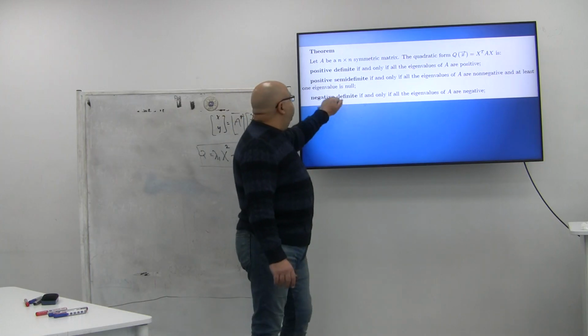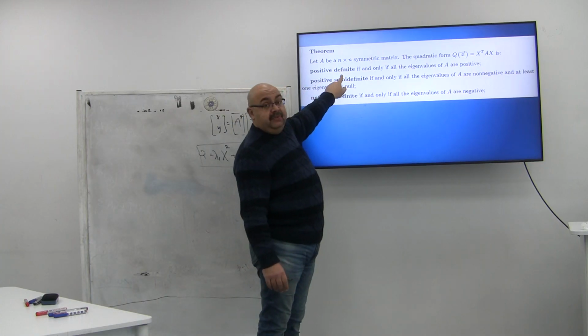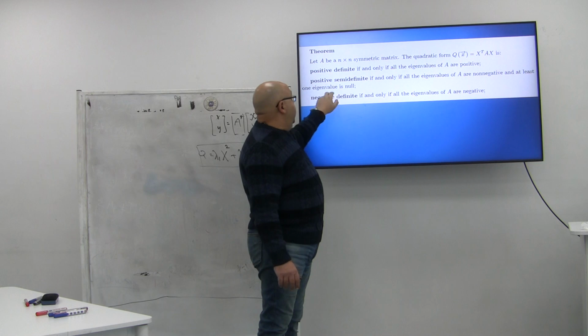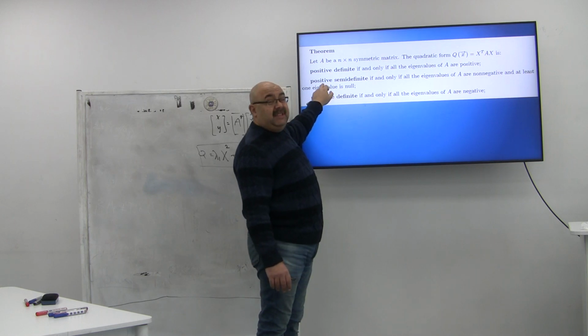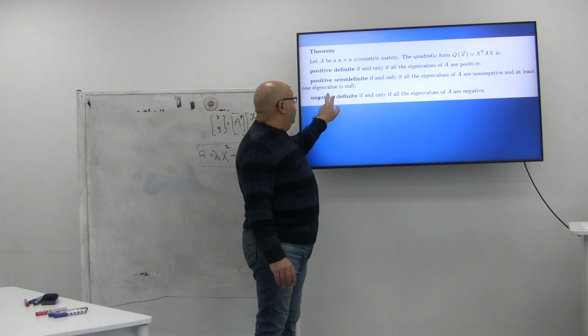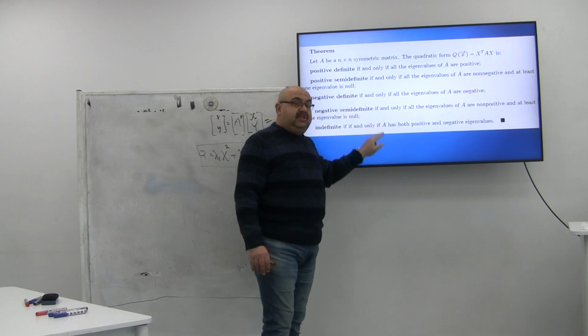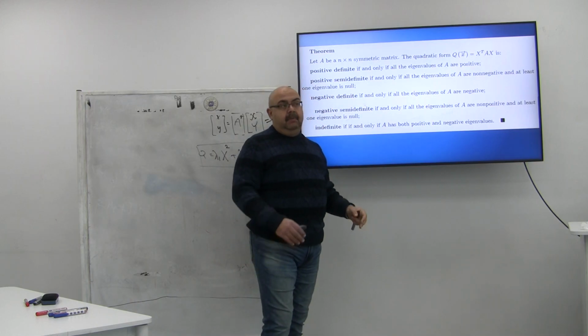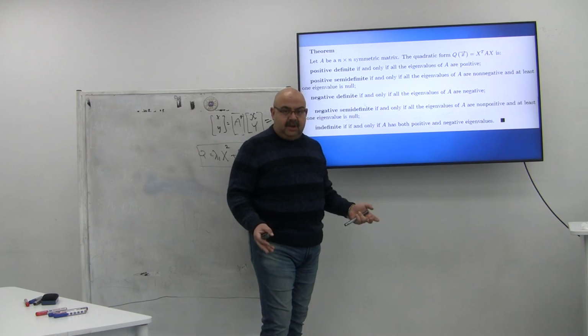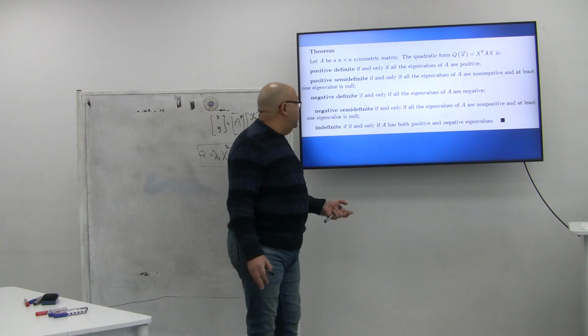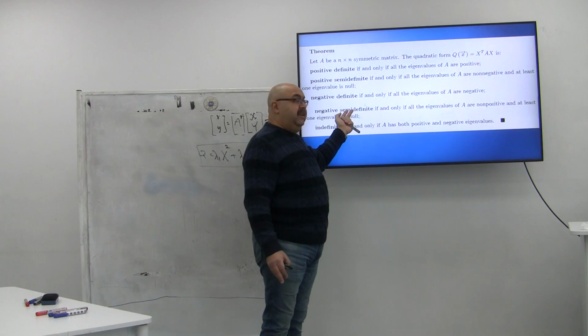So simply, if all the eigenvalues are positive, it's going to be positive definite. If some of them are positive and zero, you will get positive semi-definite. If all of them are negative, it's going to be negative definite. If some of them are negative and some are zero, then you will have negative semi-definite.